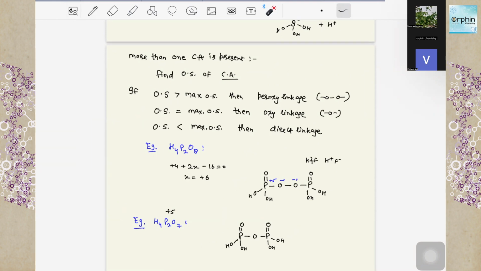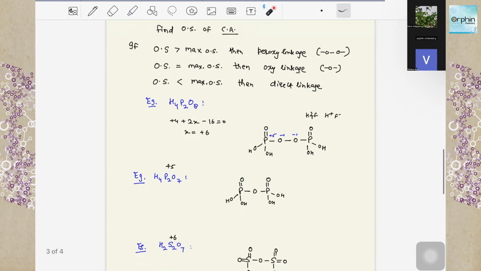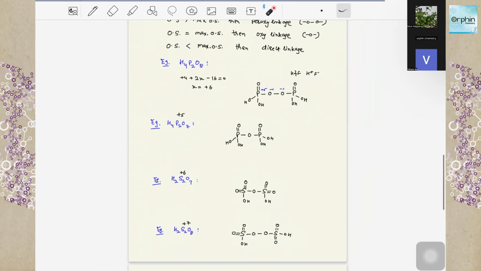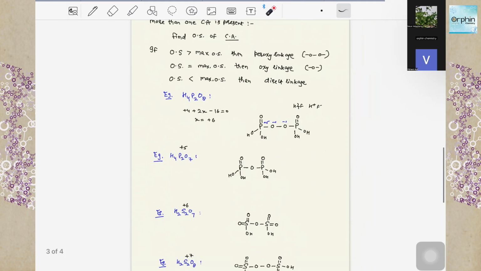Oxidation state cannot be more than the maximum, but oxygen can have less than maximum. It will be -1, or it will have a peroxy linkage. Have you understood it now, everyone? Yes, sir. Yes, sir.